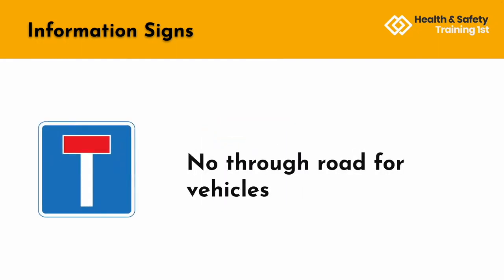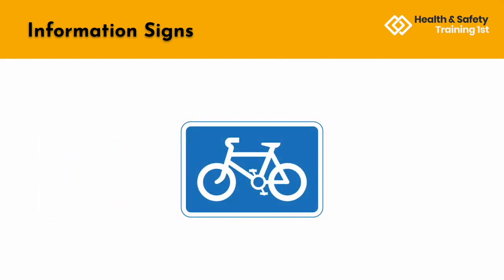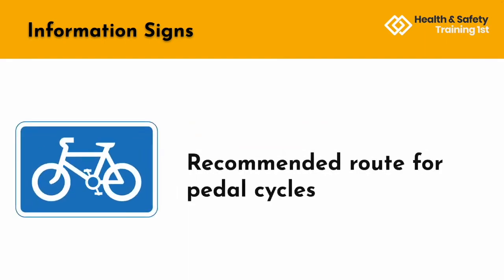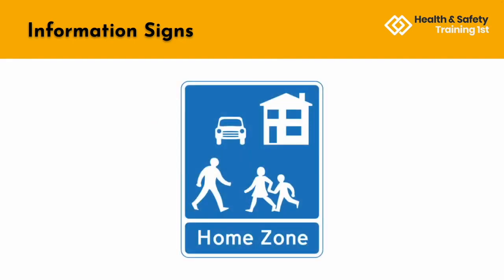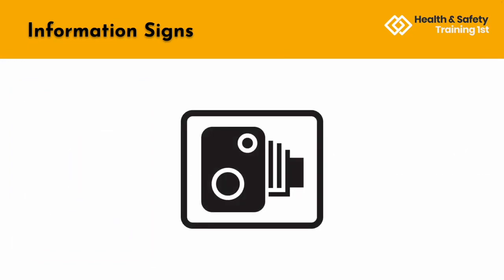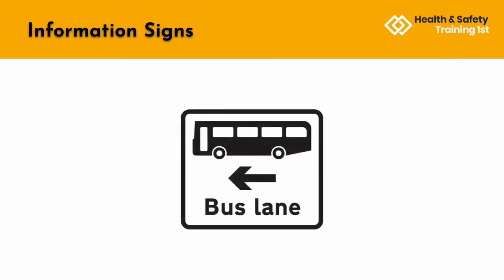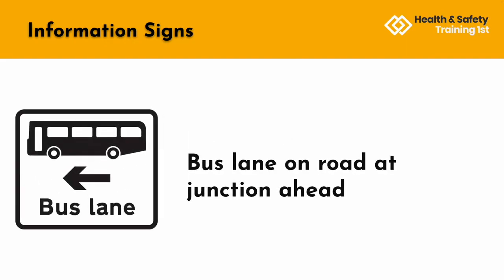No through road for vehicles. Recommended route for pedal cycles. Home zone entry. Area in which cameras are used to enforce traffic regulations. Bus lane on road at junction ahead.